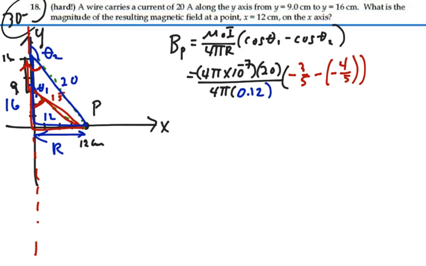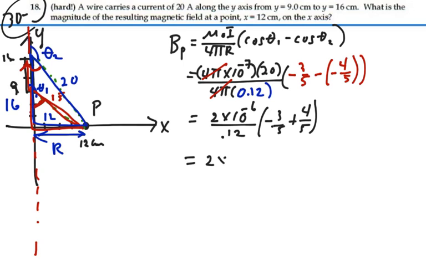Okay, so these 4 pi's cancel out, and so far we have 2 times 10 to the minus 6 over 0.12. We're going to have a negative 3/5 plus 4/5, which will give us 1/5.